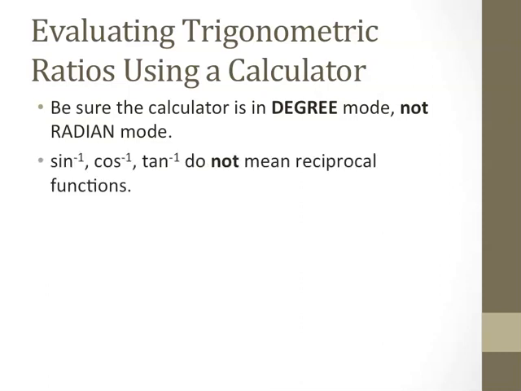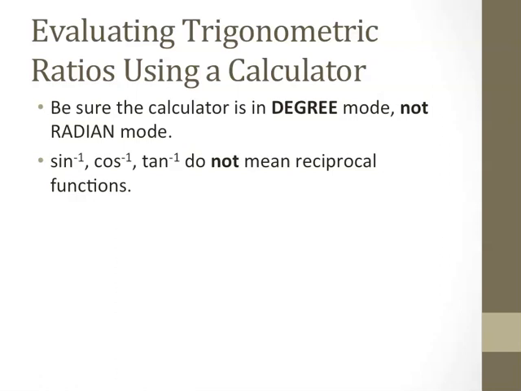Okay, another thing to note is that on the calculator, you see sine with a -1 that looks like it's an exponent. Make sure you know that those do not mean reciprocal functions. These are actually inverse functions, and they help you find the measure of an angle.